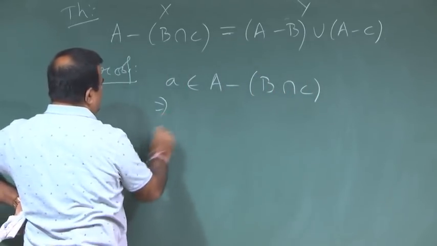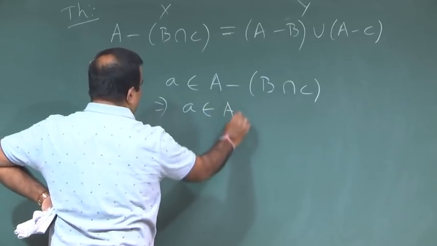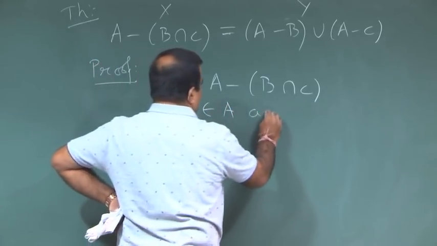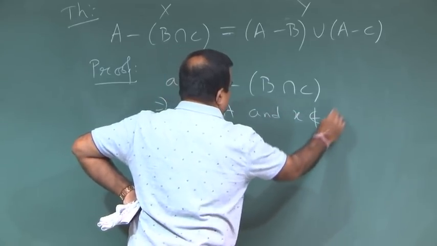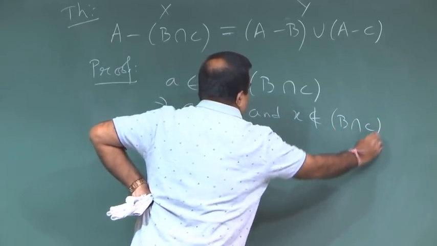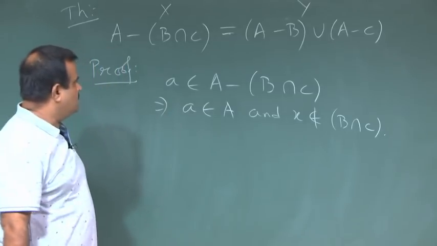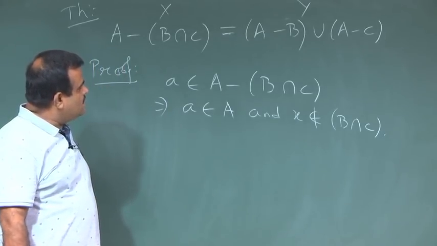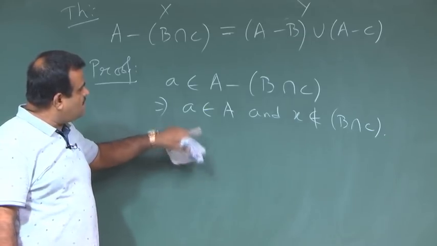So, this means a belongs to A, but a does not belong to this. Okay. a belongs to A, but not this.